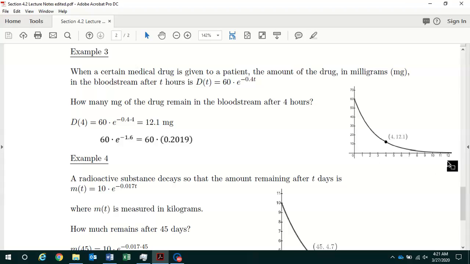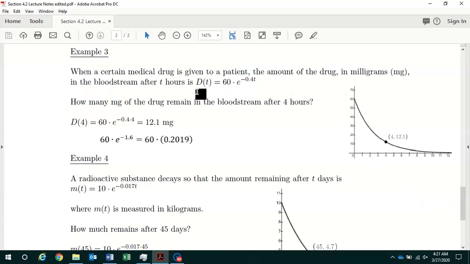The horizontal axis is the t-axis. The vertical axis is the y-axis, or D of t, and we only graph it for positive values of t because time can't be negative. And you can see at t equals 4, this is the point on the graph right here, and the y value at t equals 4 is equal to 12.1.